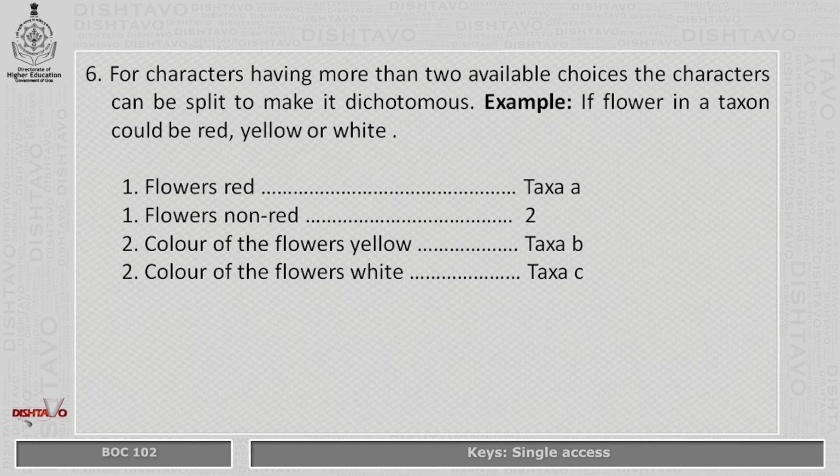These characters can be split as follows when it comes to writing the taxonomic dichotomous keys. Flowers non-red will form the first couplet with these two statements or the leads, and the second couplet will comprise of the other characters with regards to the color shown by the taxa, colors of flower yellow, colors of flower white.